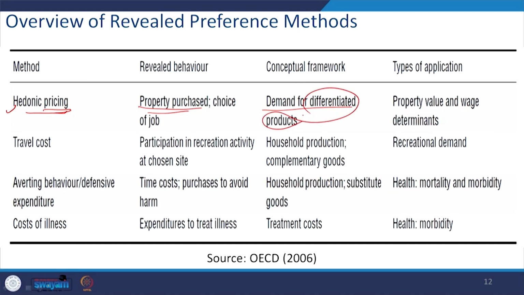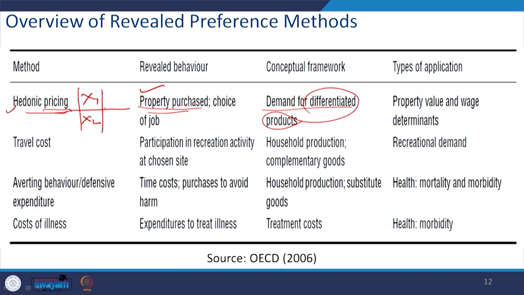What are differentiated products? The usefulness is the same. If you have two different types of property, X1 property and X2 property, both can serve the same purpose: you can have a house, and accordingly you can build your own house.